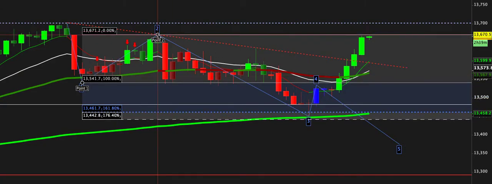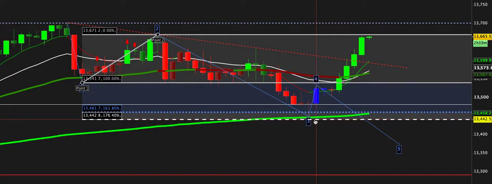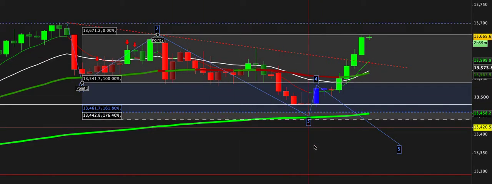From point 2, which was up at around 136.71, to the completion of wave 3, which was down to 134.50, that's 220 pips. So a wave 3 move was a 220 pip move, which was perfect.